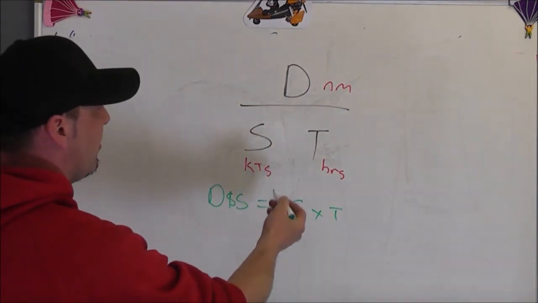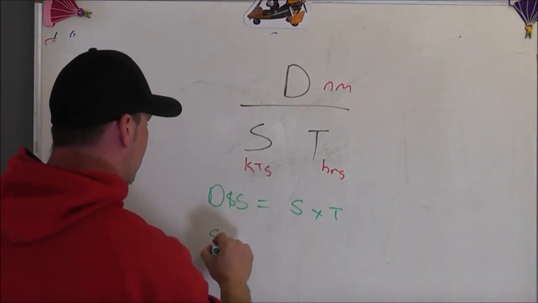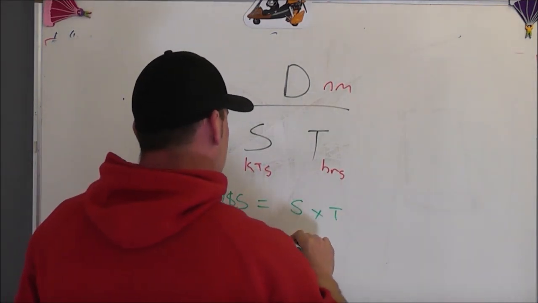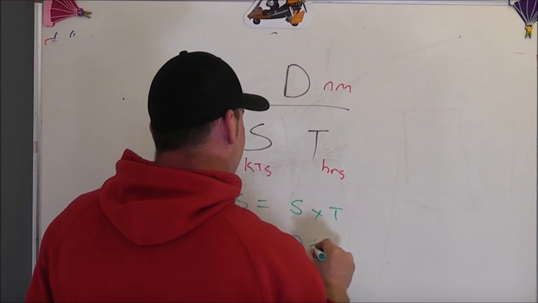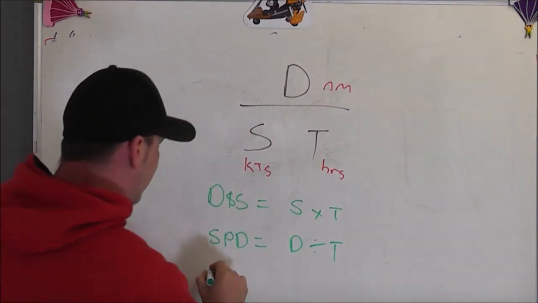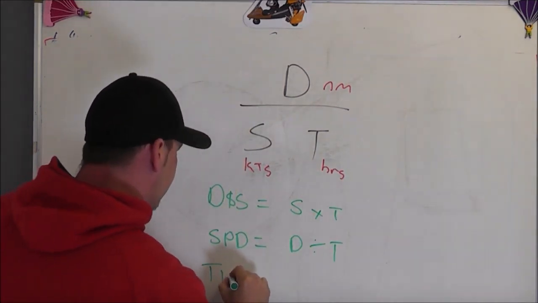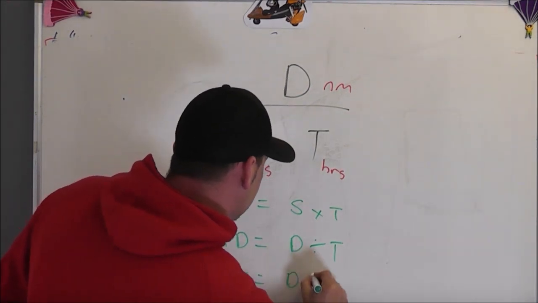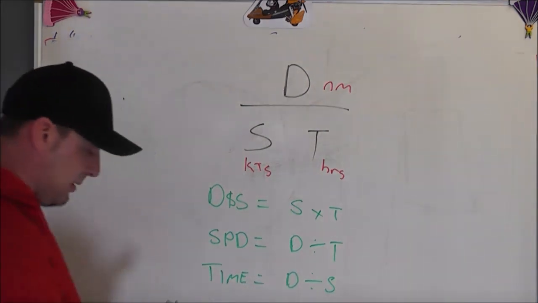If we wanted to know a speed, we would divide distance by time. And if we want to know a time, we would divide distance by speed.